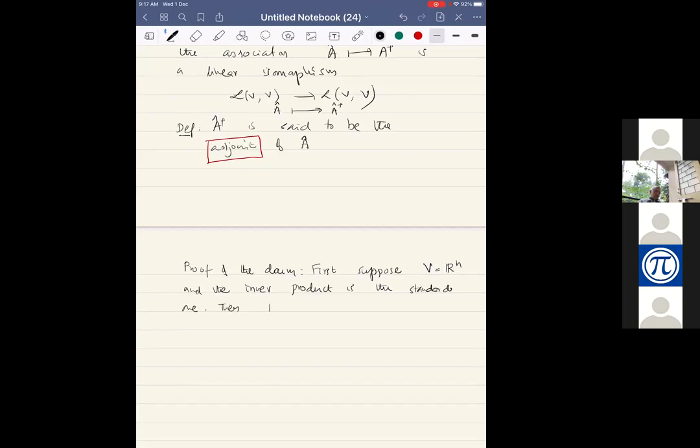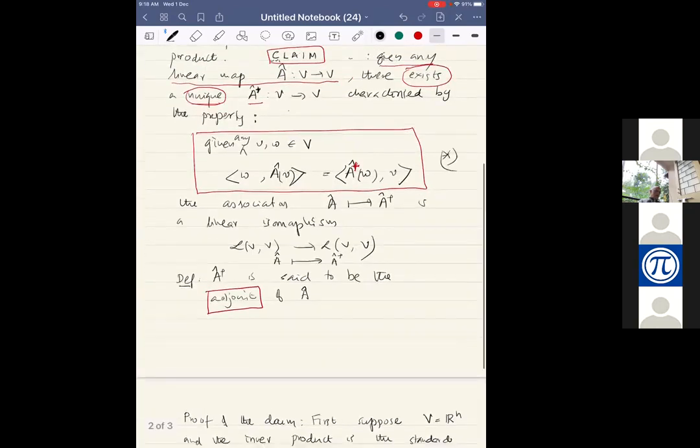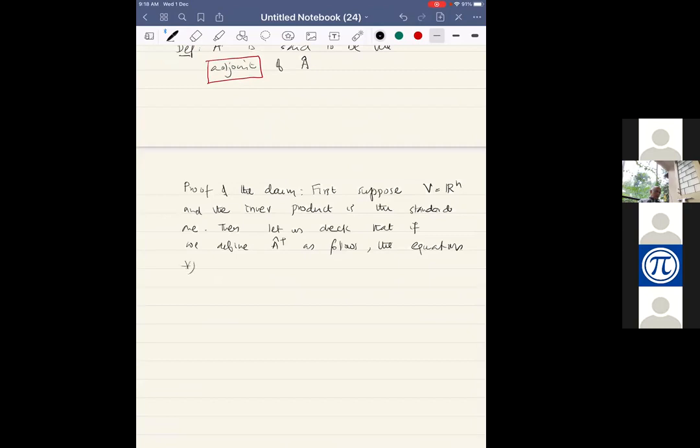Then let us check that if we define A hat dagger as follows, the equation, let me call this equation star, is satisfied.